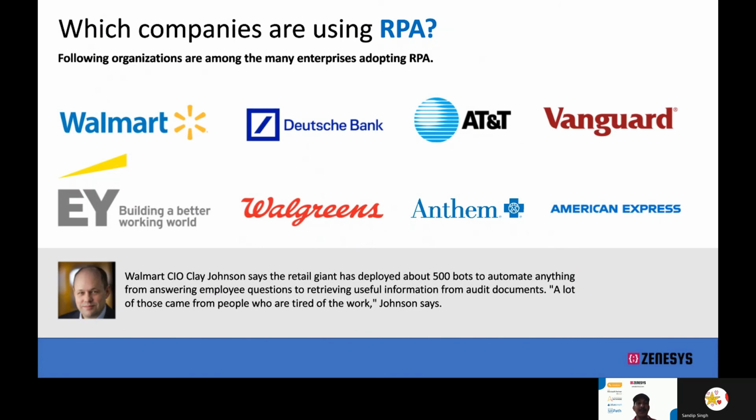As per one statement from Johnson, who's CIO at Walmart, they are already using around 500 bots to automate anything from answering employees' questions to retrieving useful information for auditing purposes. Walmart thinks they have to further empower them, and they are constantly building their automated processes. So pretty nice comments from the CIO.